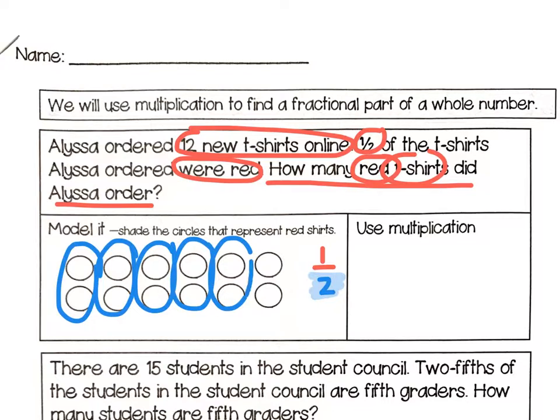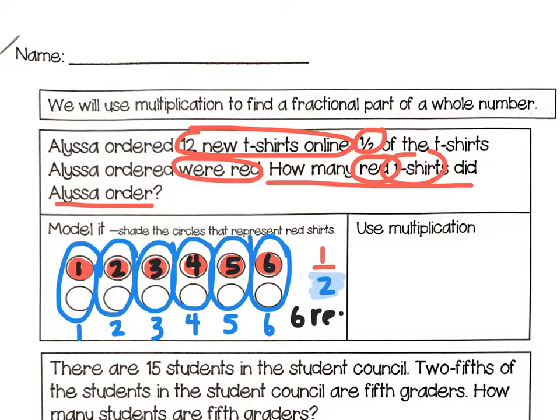So if I group 2 shirts together, then I have a total of 1, 2, 3, 4, 5, 6 groups. It tells me that 1 out of 2 shirts is red, so I'm going to shade 1 out of every 2 shirts. And when I look at that, I wind up having 1, 2, 3, 4, 5, 6 red shirts.